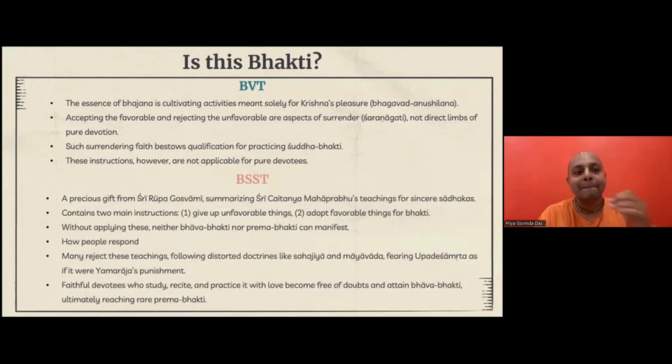A precious gift from Sri Rupa Goswami, summarizing Sri Chaitanya Mahaprabhu's teaching for sincere sadhakas, contains 2 main instructions. 1, give up unfavorable things. 2nd, adopt favorable things for bhakti. Without applying these, neither bhava bhakti nor prema bhakti can manifest.